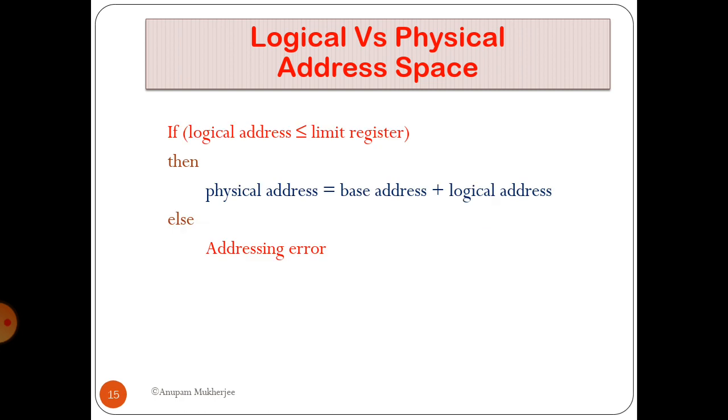So in pseudocode we can write: if logical address space is less than or equal to the limit register, then physical address space equals base address or relocation address plus logical or absolute address space. Otherwise there will be an addressing error.